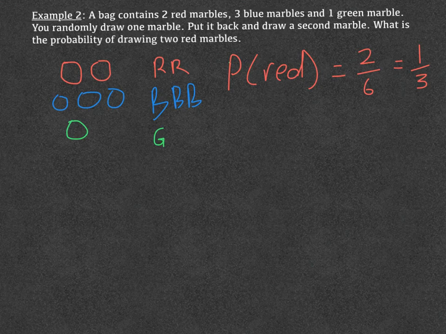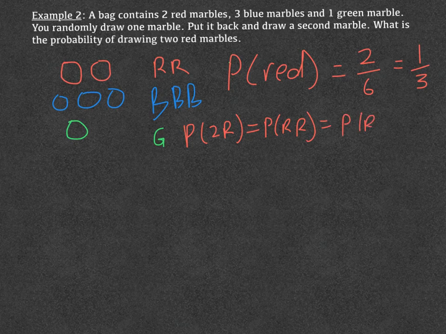Will the first draw outcome affect the outcome that you get for the second one? The answer is no. So the probability of getting 2 reds will be equal to the probability of red times the probability of red. So it will be 1/3 times 1/3, and that gives you 1 over 9.